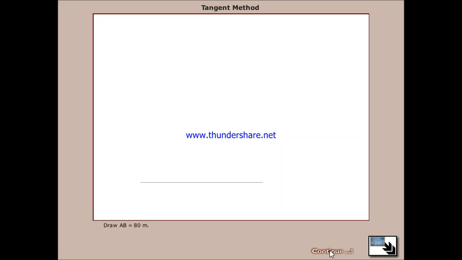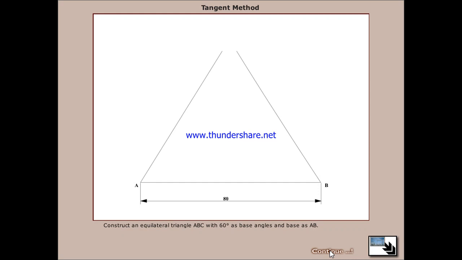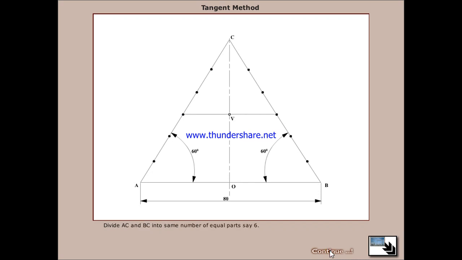Now let's draw AB equal to 80 meters. Construct an equilateral triangle ABC with 60 degree base angles and base AB. Draw CO perpendicular to AB. Bisect CO at V, the vertex. Divide AC and BC into the same number of equal parts, say 6.